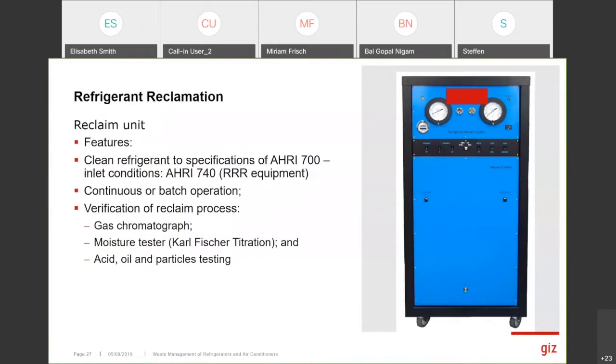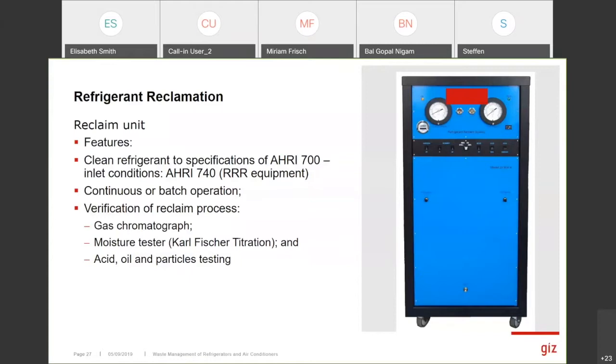I already mentioned RE 700, which is an American standard. It describes the refrigerant condition as a virgin substance. And RE 740 is generally used for the specification of recovery, recycling, and reclamation equipment.